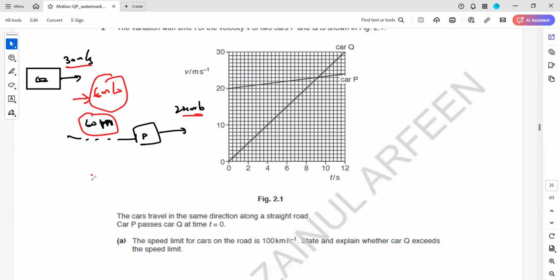If I need the time, I'll use the formula speed is distance divided by time, so time will be distance divided by speed. So I know the distance between the cars and the relative speed, and I will know the time interval it takes to overtake car P. Is it clear?